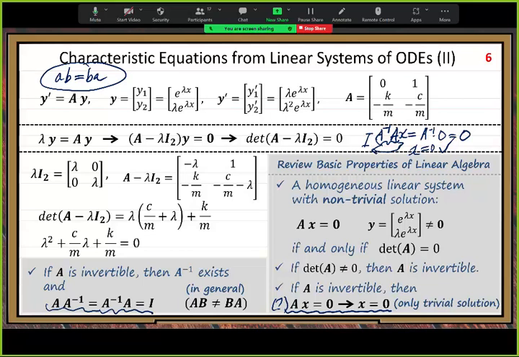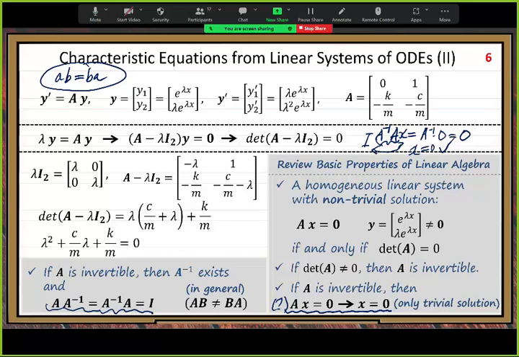So here you can see, after we use two different ways to calculate characteristic equations, for the linear system the way to calculate the characteristic equation is this determinant: A minus lambda I. You take the determinant and you get the characteristic equation.